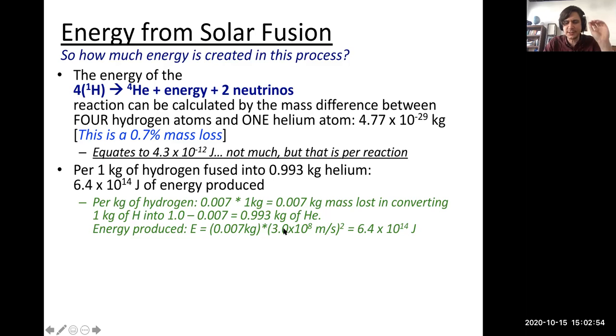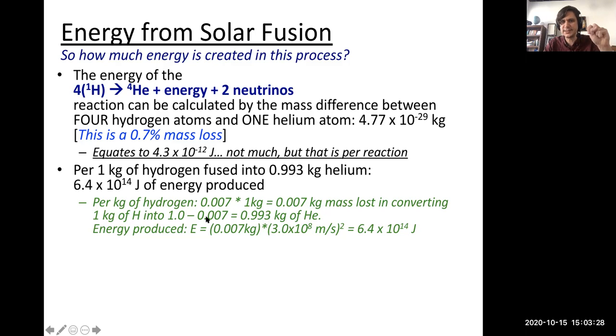Here's the math of it. Notice it's in green because I don't expect you to do these calculations for this class. But per kilogram of hydrogen, we're going to convert 0.7% of it into energy. So I need to figure out how much mass is going to be converted into energy. So I take 0.007 times 1 kilogram, which gives me 0.007 kilograms of mass lost in converting 1 kilogram of hydrogen into 0.993 kilograms of helium.